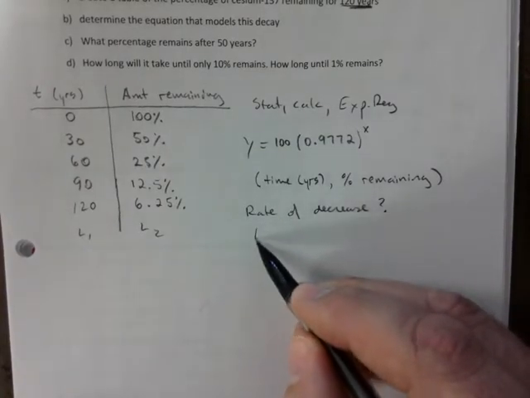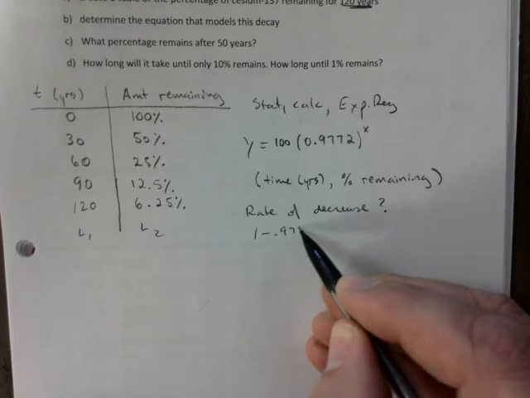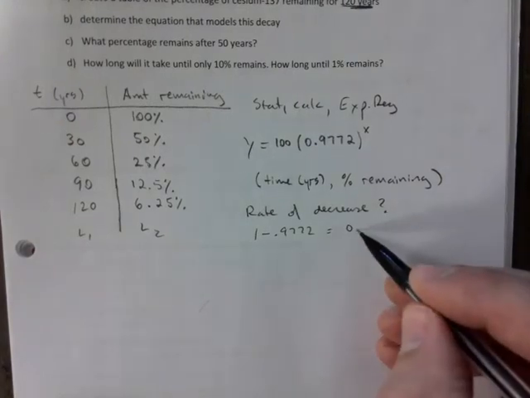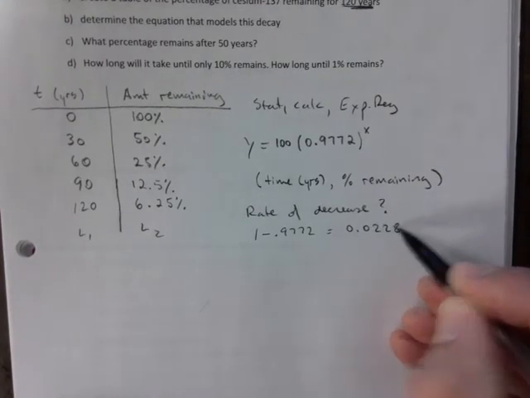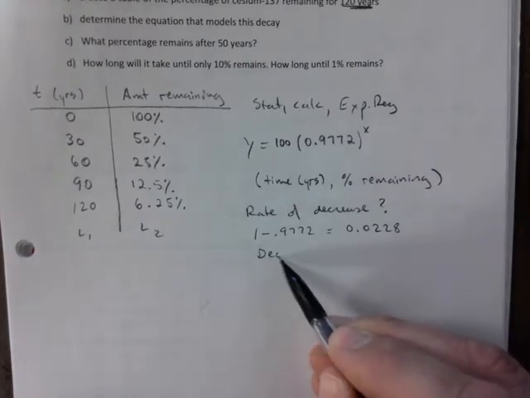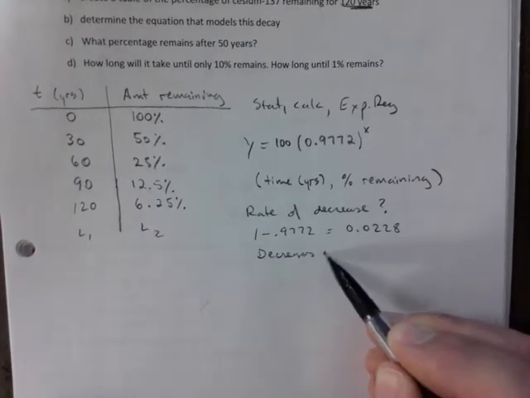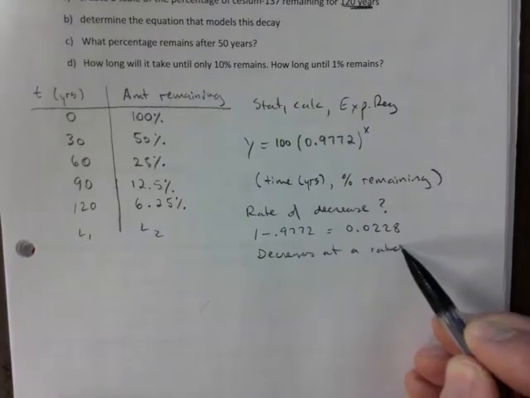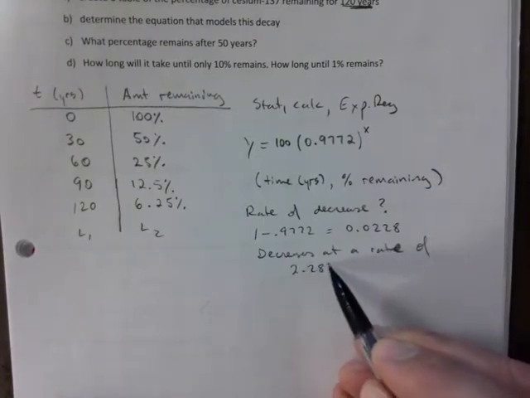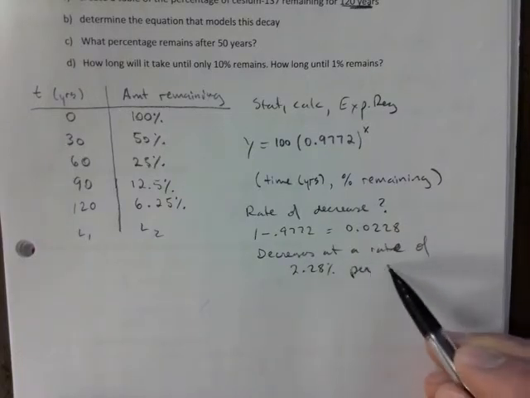We go 1 minus 0.9772, and that is 0.0228, right? Decreases at a rate of 2.28% per year.